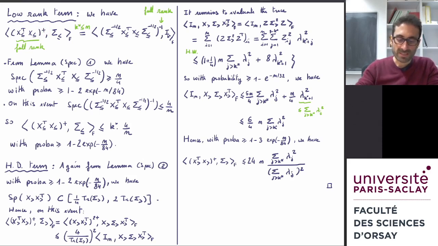What you see is that this term is nothing but the trace of the inverse of this matrix. We have analyzed this matrix. Here we take the inverse, and this is the trace of this inverse.